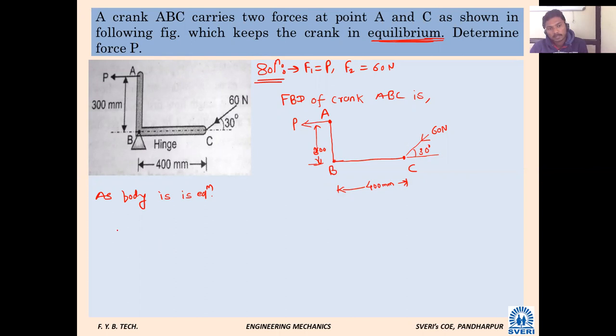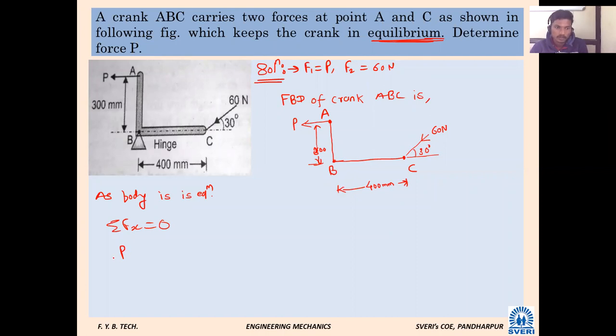Summation Fx equal to 0. What will come for force P, minus P or plus P?